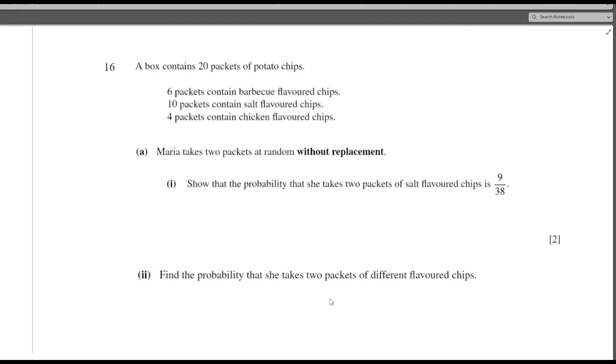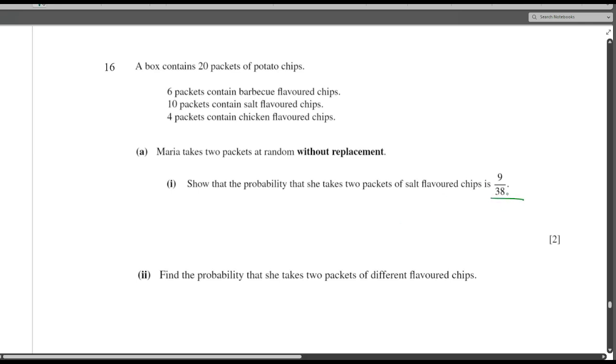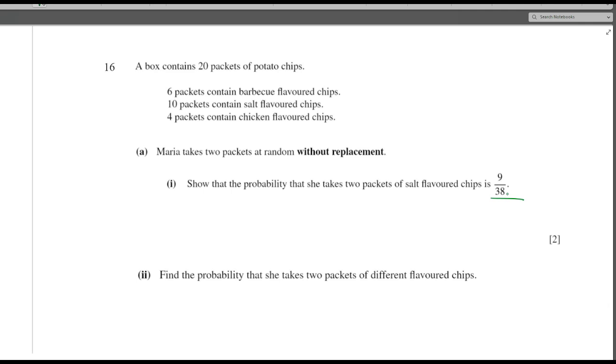I like these kinds of problems because they also give you an idea how you have to solve, or you by yourself will understand whether you are doing it correctly or not. So salt flavored, out of these 20 packets, the salt flavored are 10.